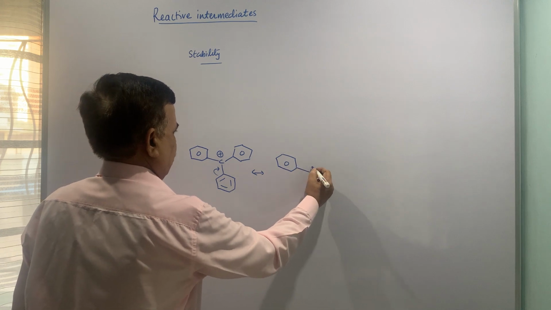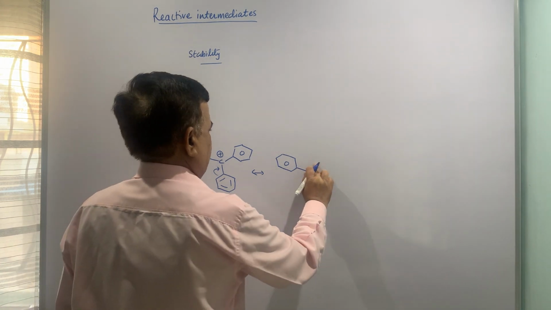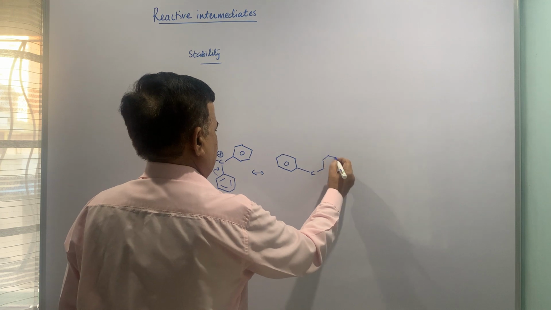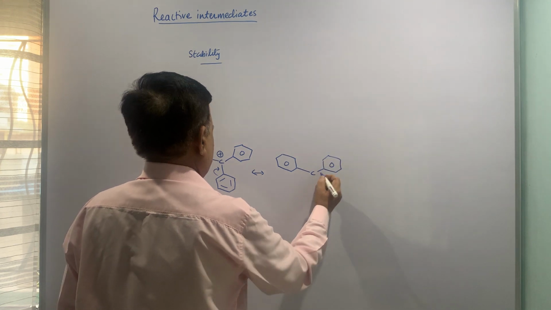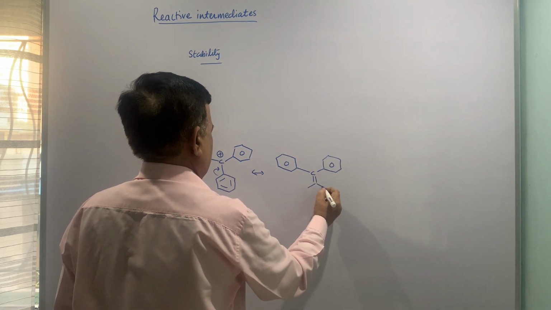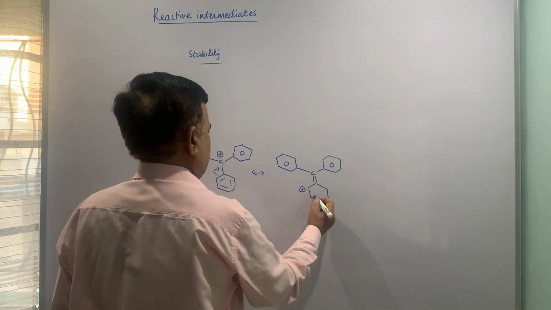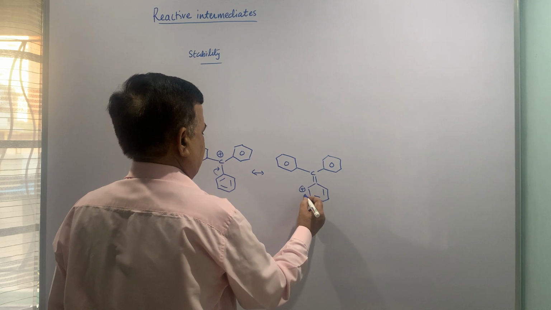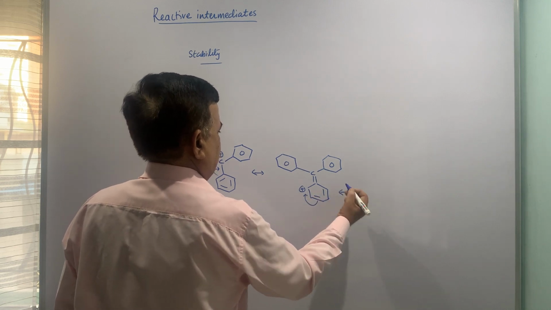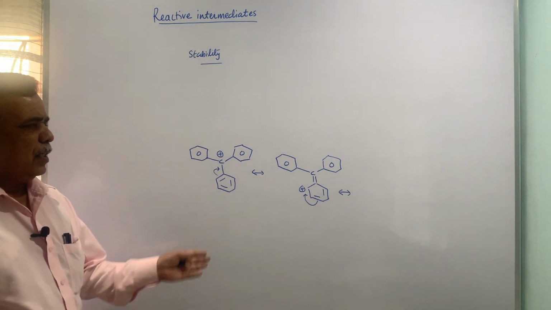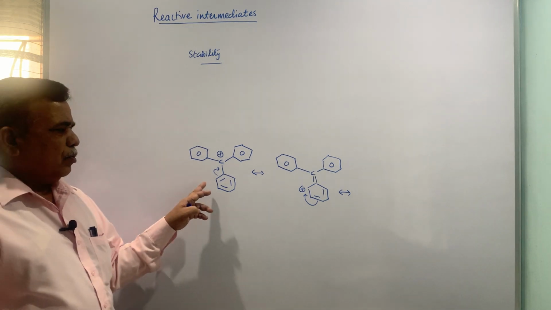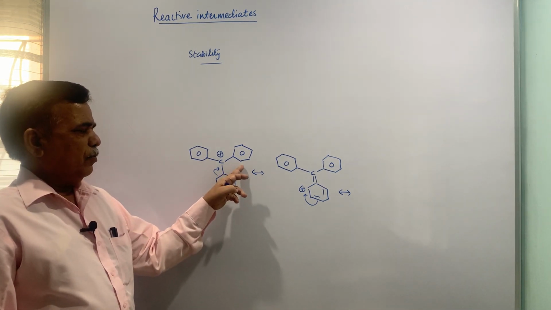So we are not showing the involvement of all the rings at a time, one ring at a time we can show. This will become a double bond. A positive charge is introduced in the ring, and you can show the further resonance. So that can be easily shown. So 3 structures for this, 3 for this, 3 for this.